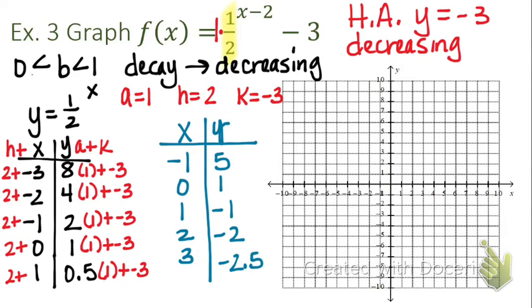I always draw in my asymptote just as a reminder. Let's go ahead and plot our points. Now when you're looking at it, notice your y values are getting smaller from left to right. That's why this is decreasing.